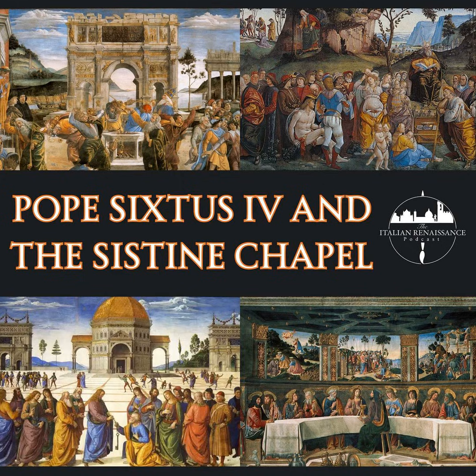Renaissance people, welcome back to the Italian Renaissance podcast. In continuation of our dive into Renaissance Rome, we're now turning to undoubtedly one of the most important commissions and one of the most important patrons of the late Quattrocento, Pope Sixtus IV, and the first phase of the decoration of his Sistine Chapel.